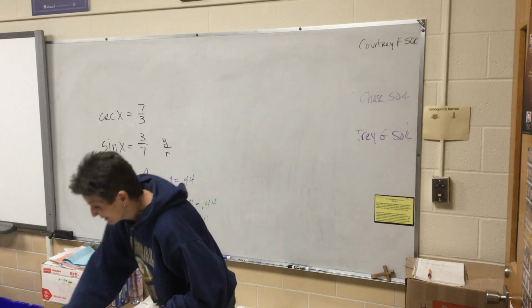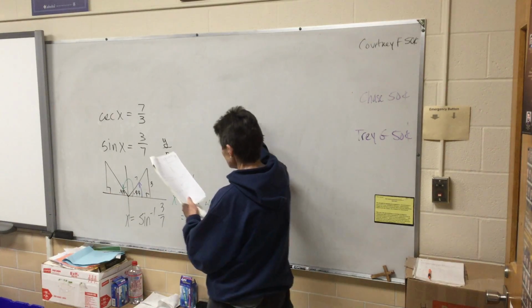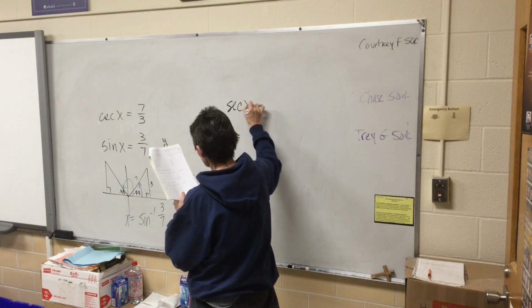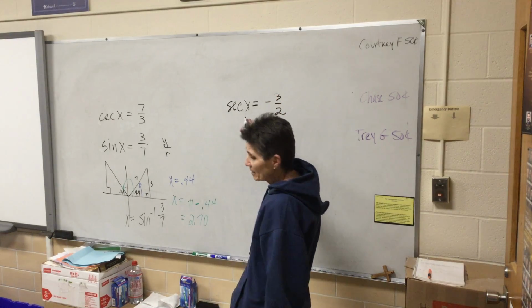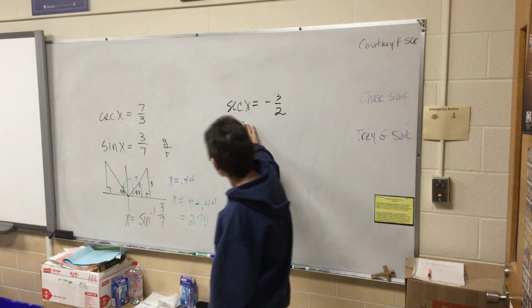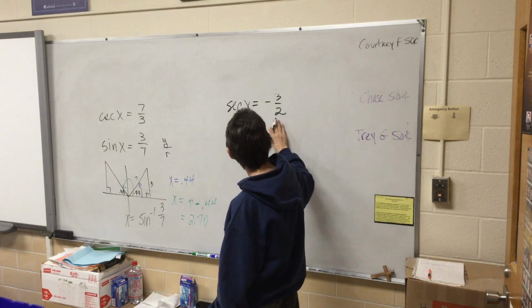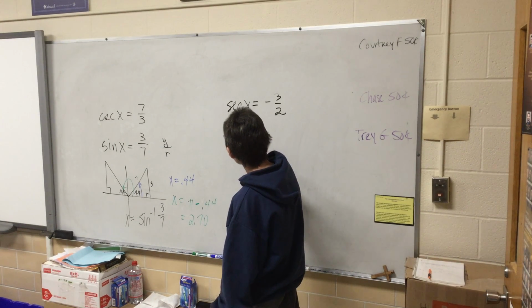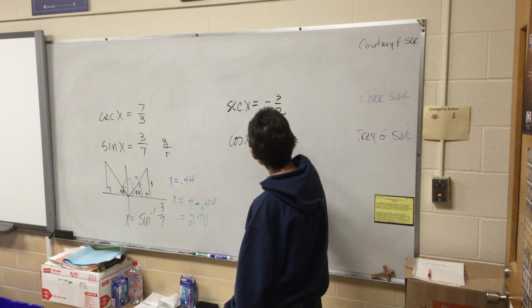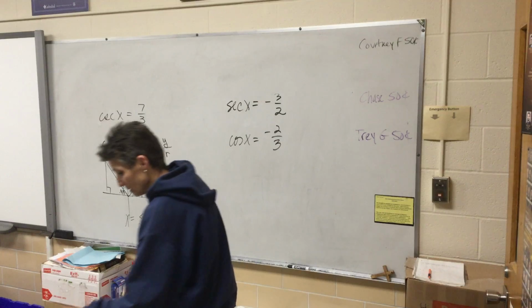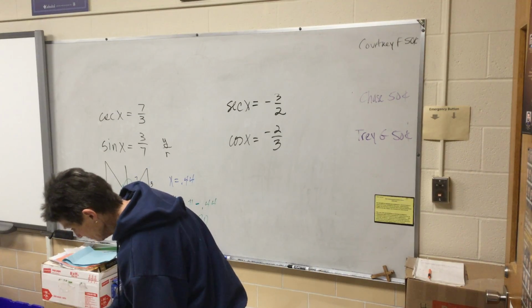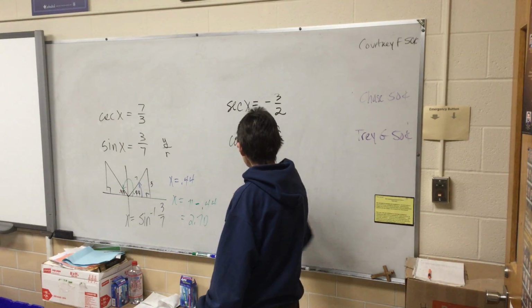Because I'm going to have to make it in this next problem too, because they tell me that the secant is -3/2. I am not going to be able to type that in on my calculator. So if the secant is -3/2, then the cosine is -2/3. So now I have a problem where the cosine is negative.